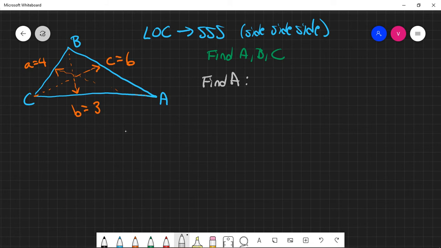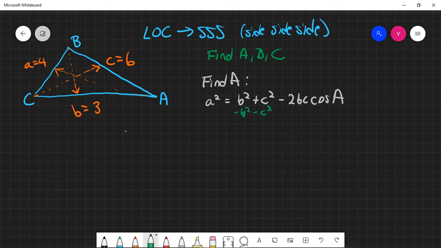Find A. Okay, so guess what? If we're finding angle A, we're going to use the one that has the angle A in the formula. So a squared equals b squared plus c squared minus 2bc times the cosine of angle A. So my advice again is to do the algebra first.